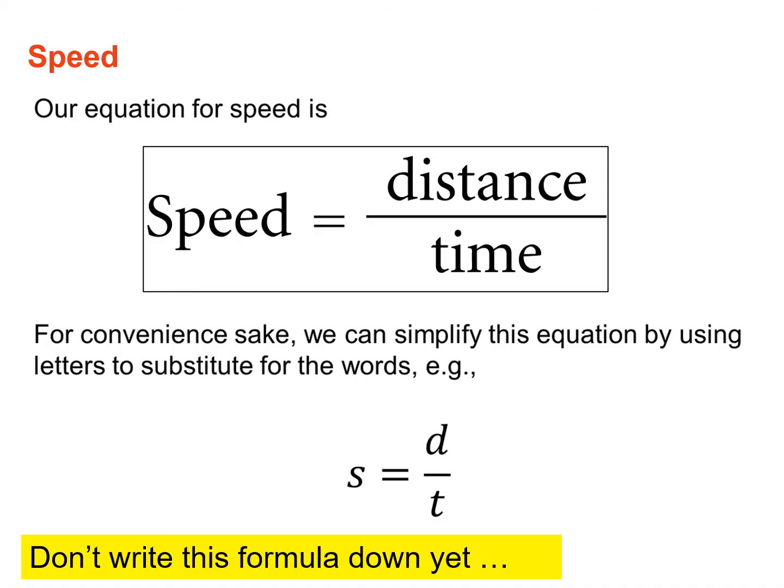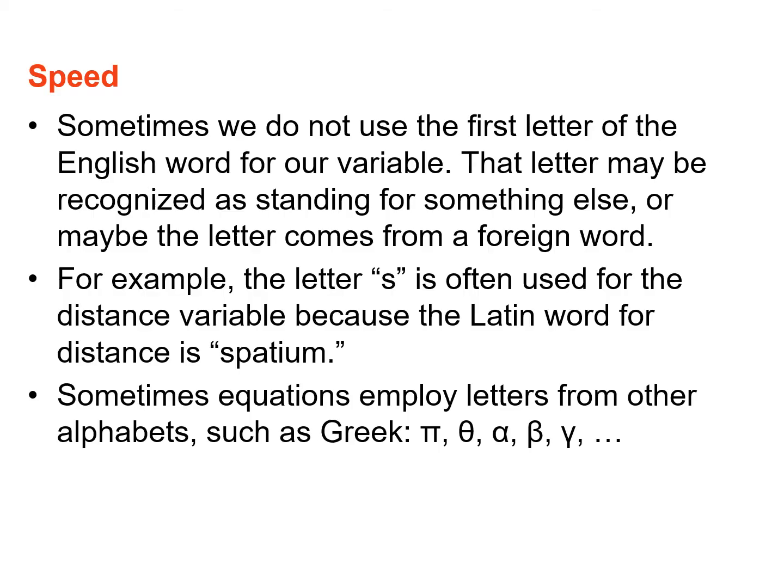I wouldn't write that down just yet because it turns out we really don't like to use S to stand for speed. Though we certainly could use S to stand for speed, we usually do not do that because S is often used in older textbooks to stand for distance.